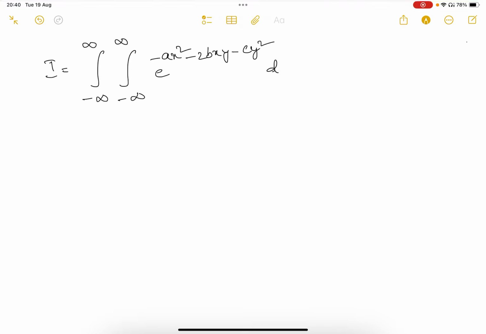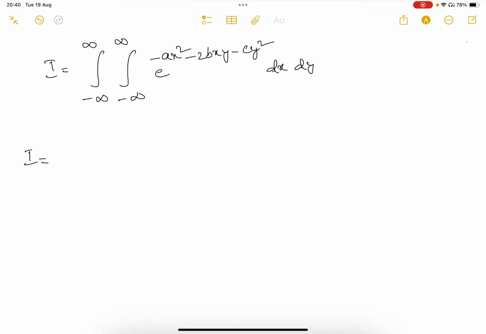Hello, let's evaluate this integral I equal to the integral from minus infinity to plus infinity, integral from minus infinity to plus infinity, e to the power minus ax² minus 2bxy minus cy² dx dy. So let's start.